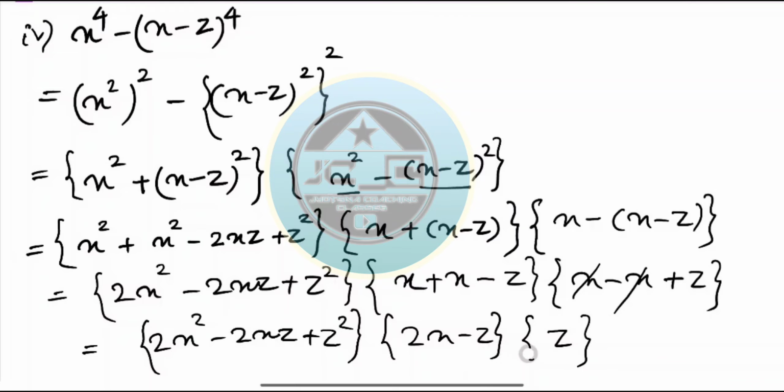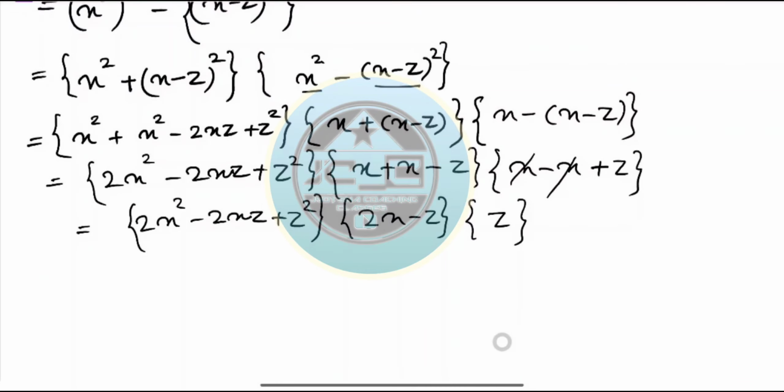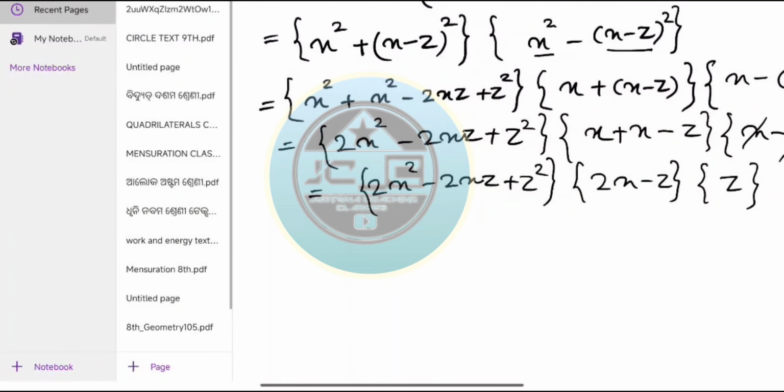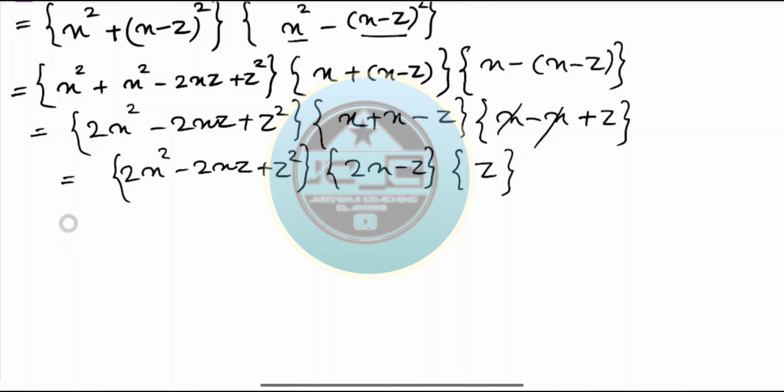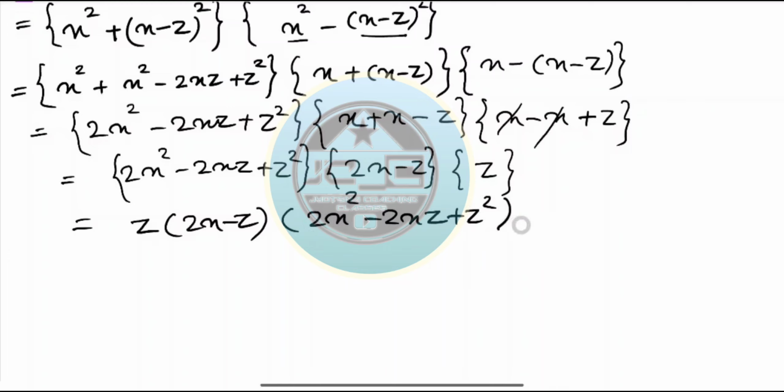So the final answer must be written like this. The final answer should be z into 2x minus z into 2x square minus 2xz plus z square.